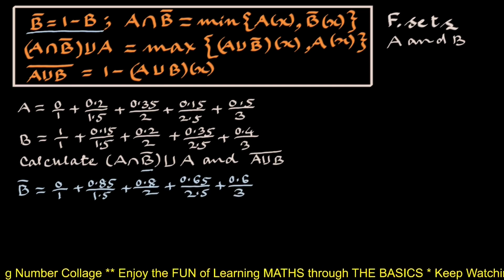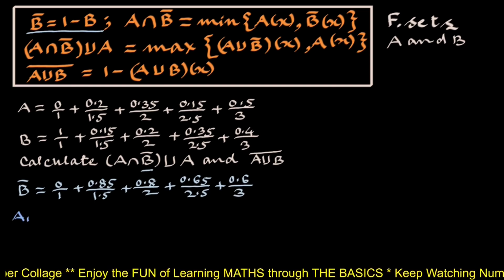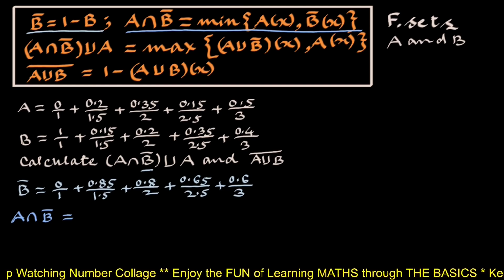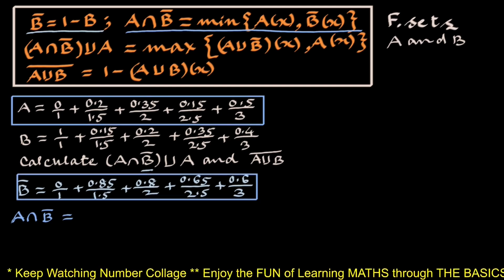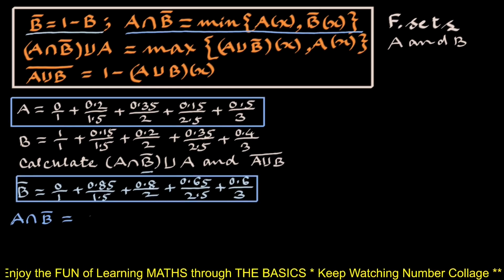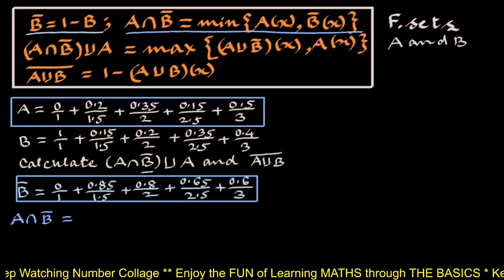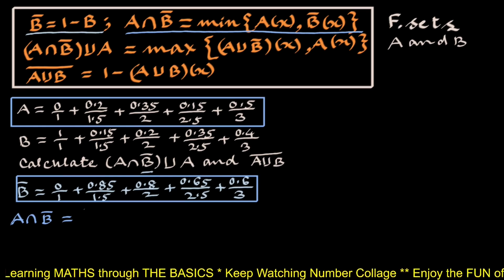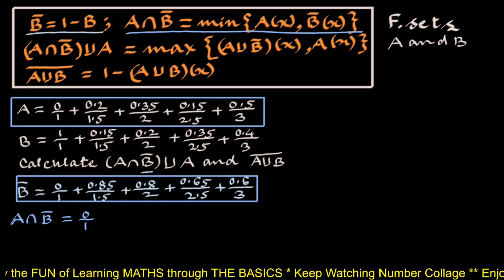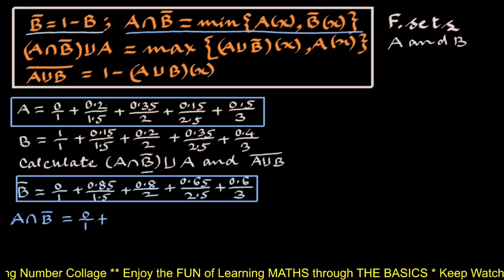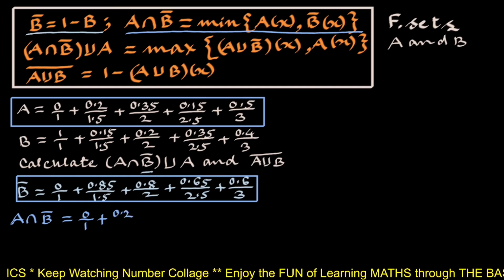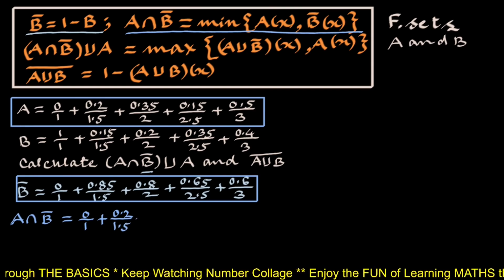Next we will find this A intersection B bar, which according to this rule will be the minimum of this A and this B bar. So A intersection B bar will be the minimum of A of X and B bar of X. That will be between 0 and 0, 0 is the minimum, upon 1, plus between 0.2 and 0.85, 0.2 is the minimum, upon 1.5, etc.